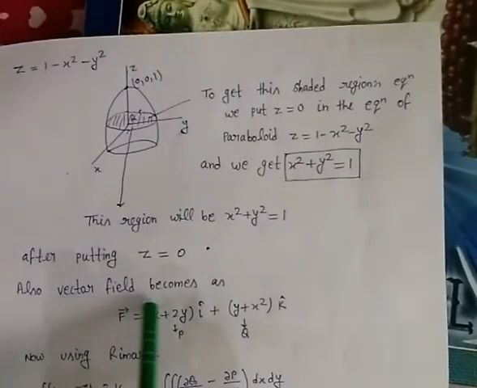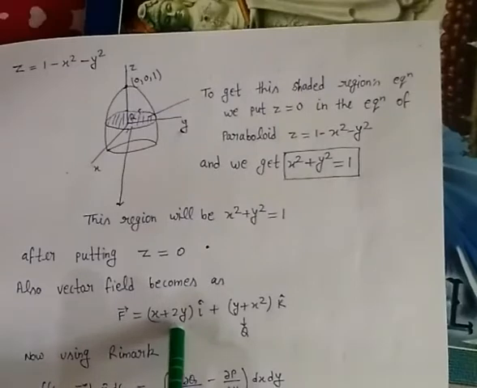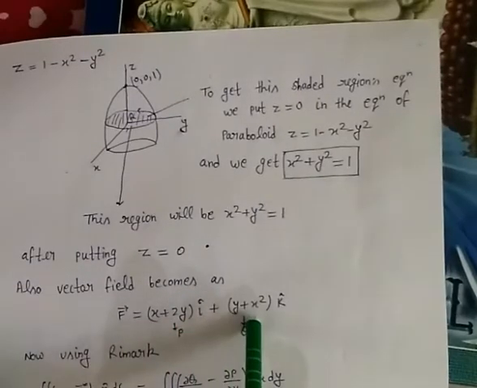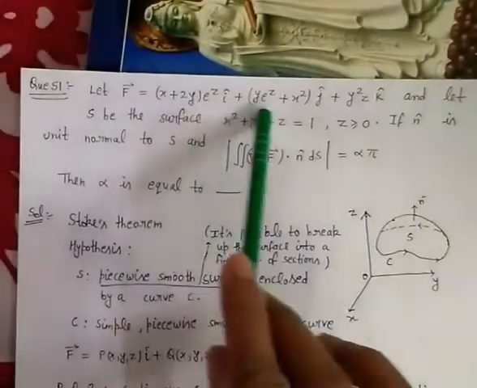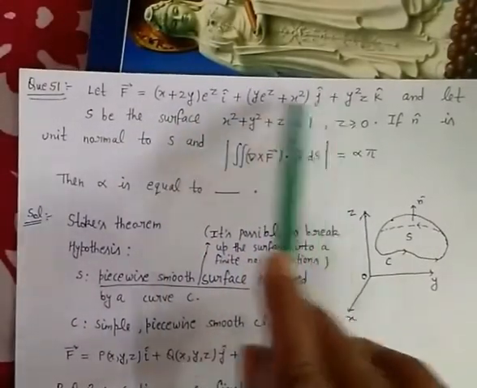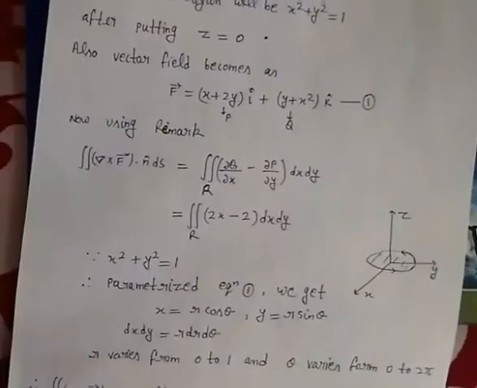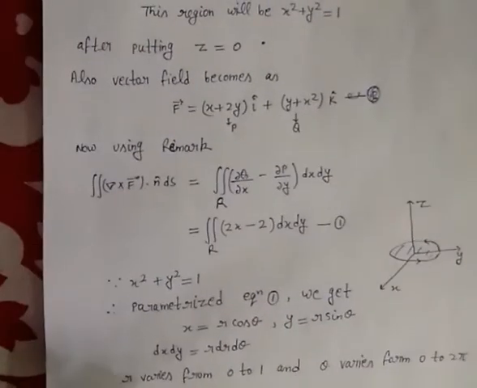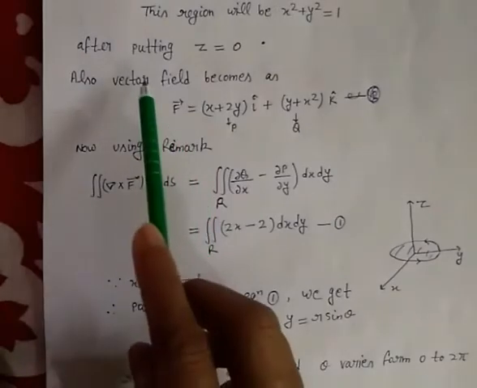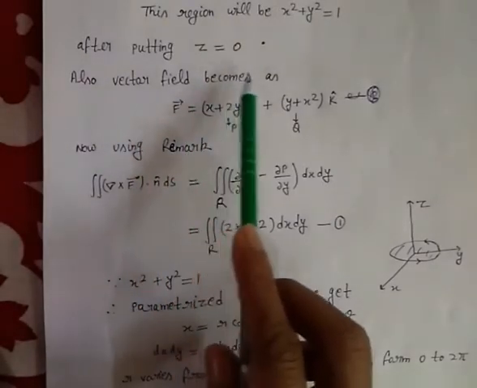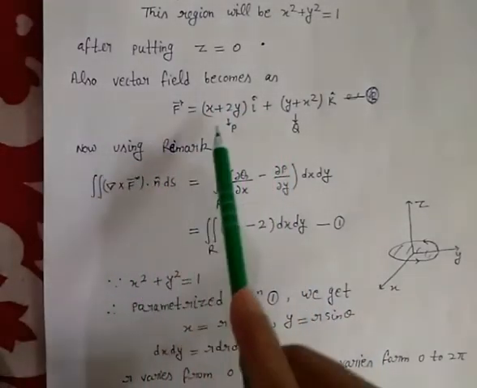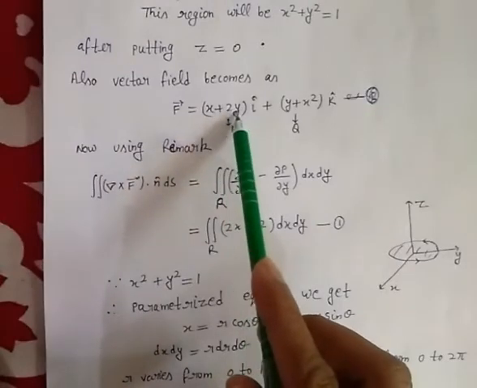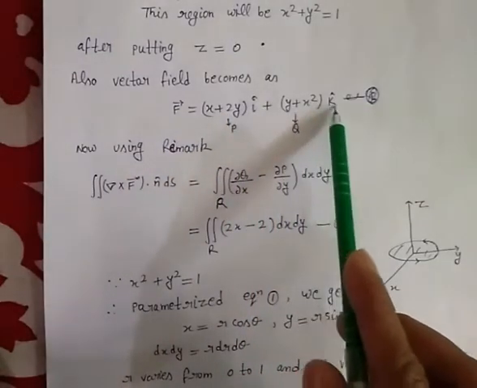Also, the vector field becomes F vector equal to (x plus 2y) i cap plus (y plus x square) k cap. The vector field was this one. After putting z equal to 0, the vector field becomes (x plus 2y) i cap plus (y plus x square) k cap.